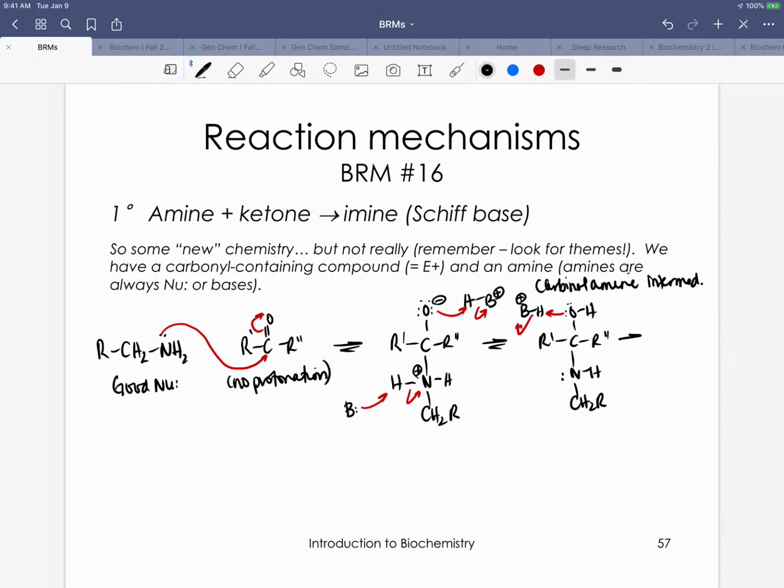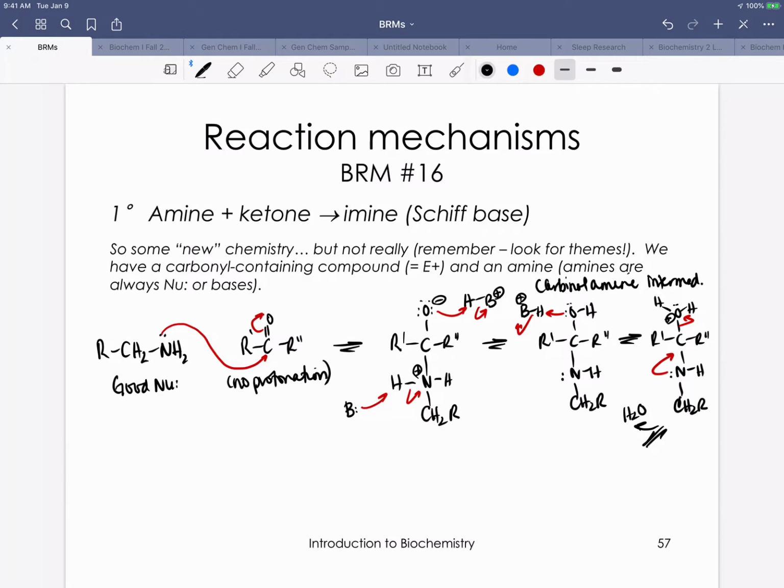My stuff is getting a little bit scrunched here over on this side. So now again, if we've got this internal nucleophile, it can push out our good leaving group here. We're going to lose water.